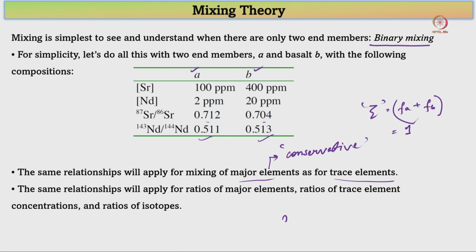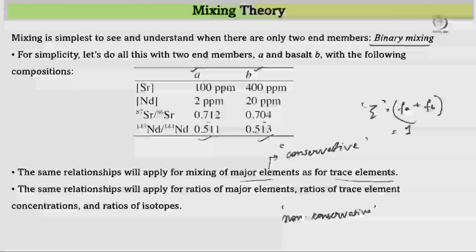When does it become non-conservative? Non-conservative means after mixing there are certain processes which can remove it from the mineral or the water. For example, take an element, suppose we take iron.